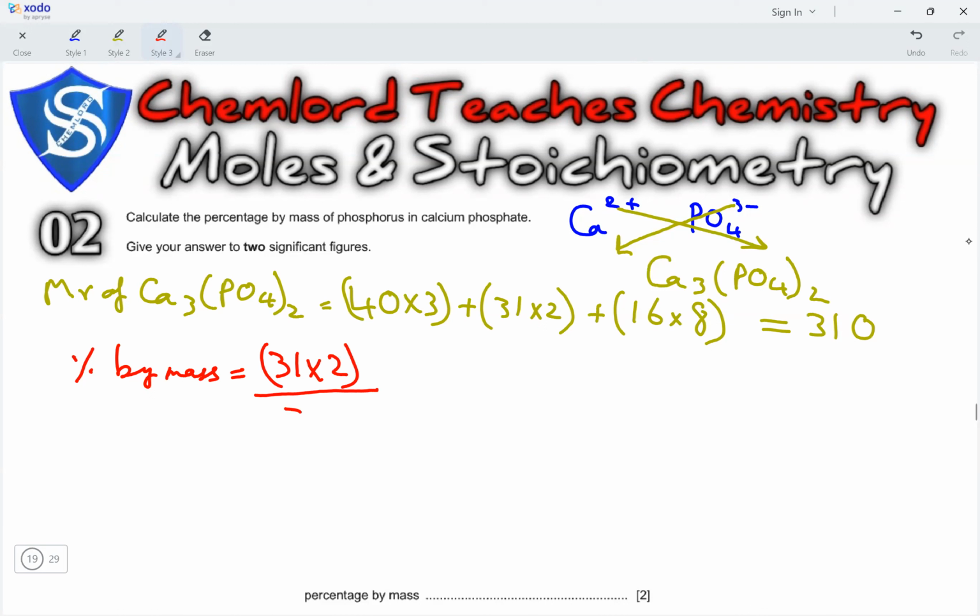This would be divided by 310, and we would multiply this by 100 in order to calculate the percentage. So the percentage comes out to be 20%. So the percentage by mass of phosphorus present in calcium phosphate is 20%.